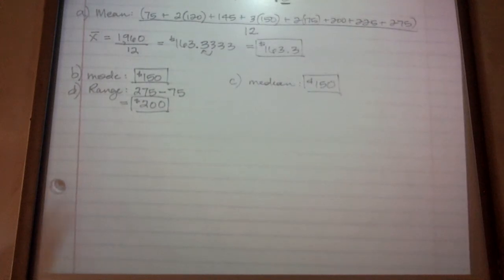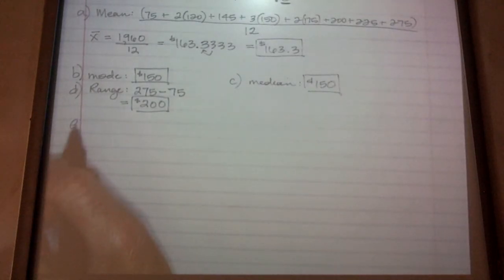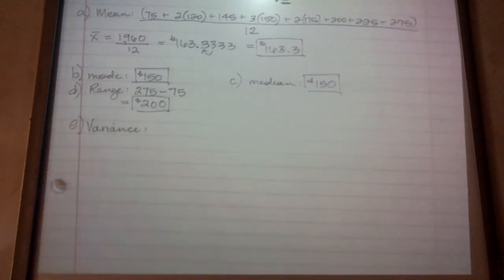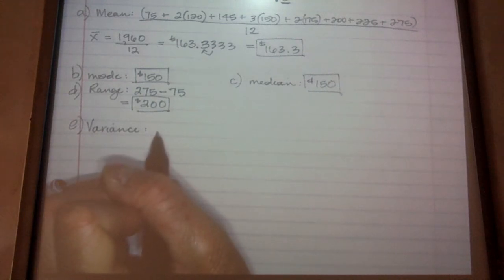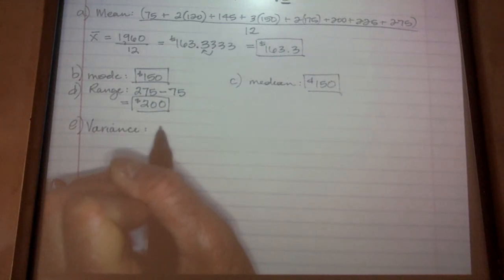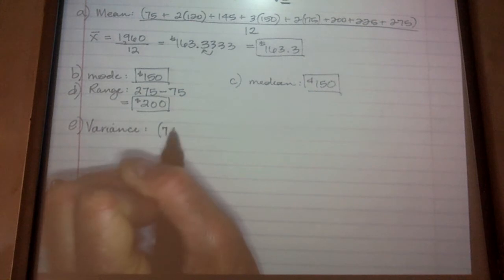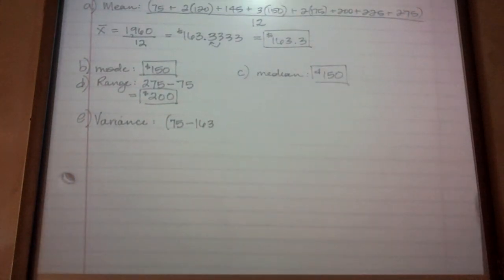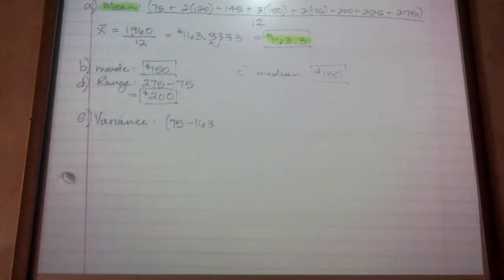So now let's get into the ones that take a little bit more effort. And so we're going to find variance. So here is how you find variance. You're going to take each piece of data. For example, the first piece that they listed was 75 minus my mean, which was 163.3. So I'm using my data and I'm using my mean. Really important measurement, okay?